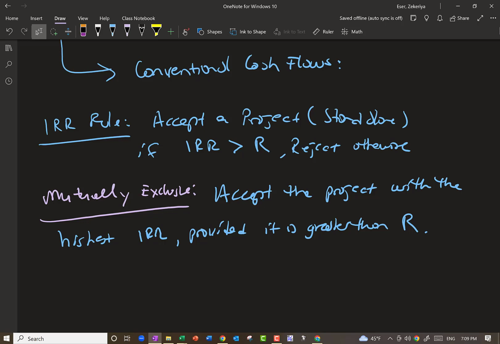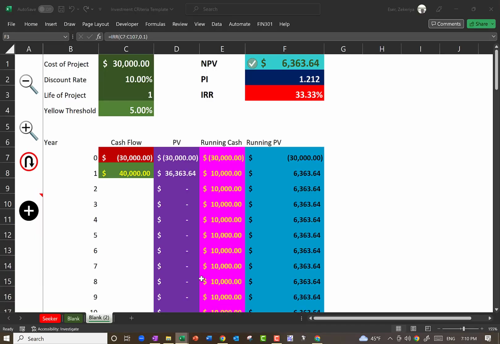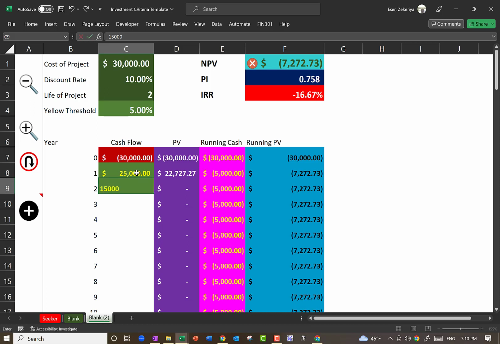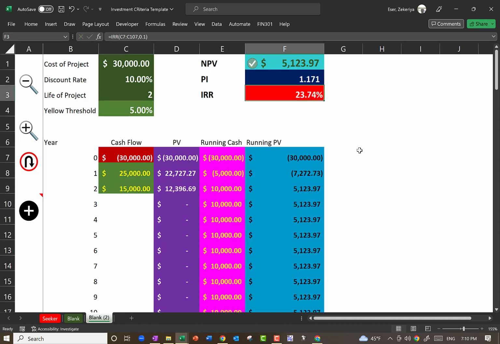I don't have to mention IRR does not know anything about the scale of the problem. So when projects are mutually exclusive, let me change this. Let's make this a 2-year project. Let me divide that 40 into 25 and 15. Okay, this project has an IRR of 23.74.